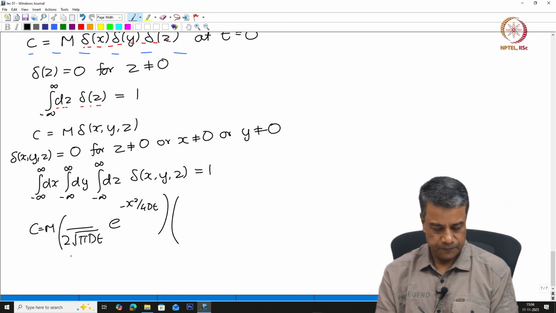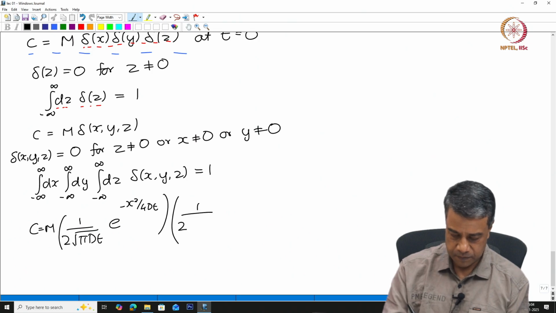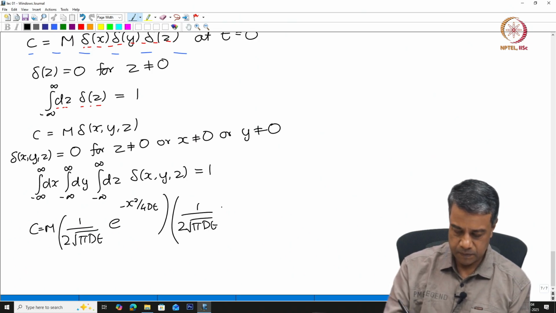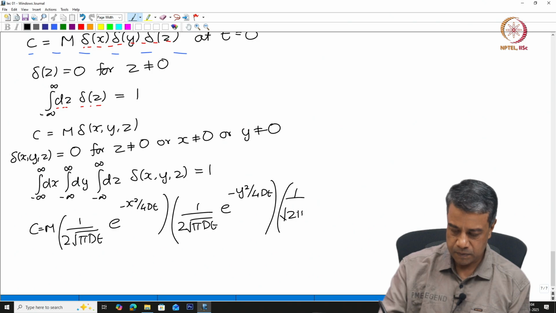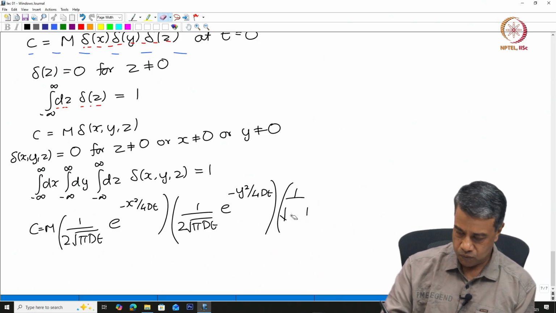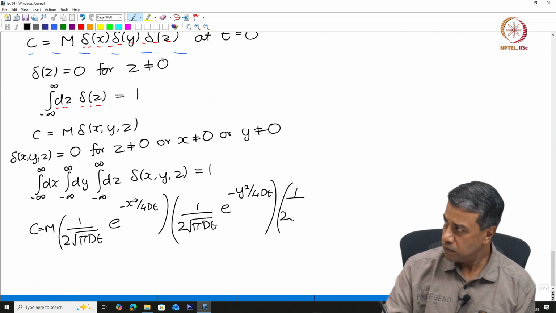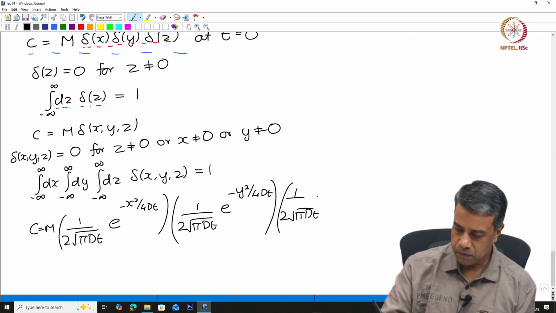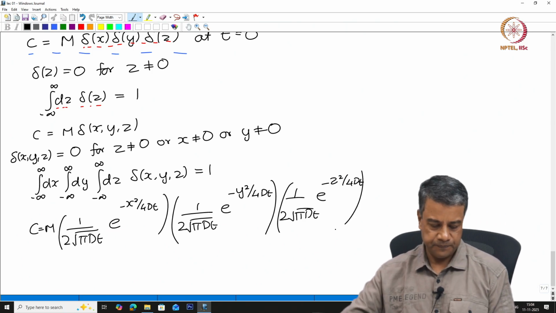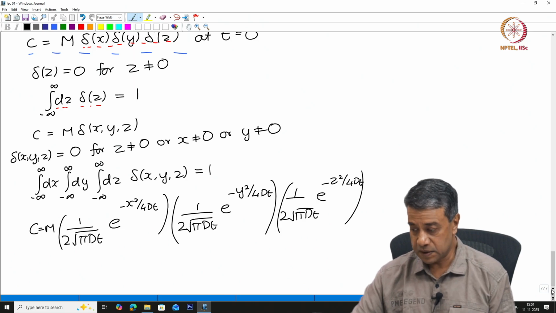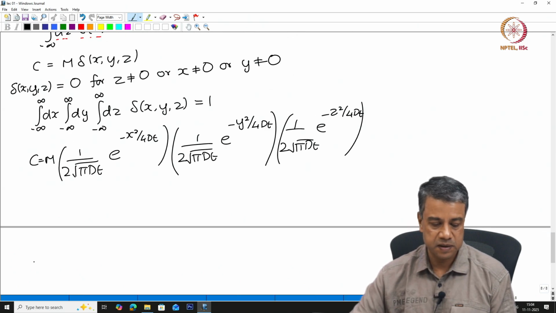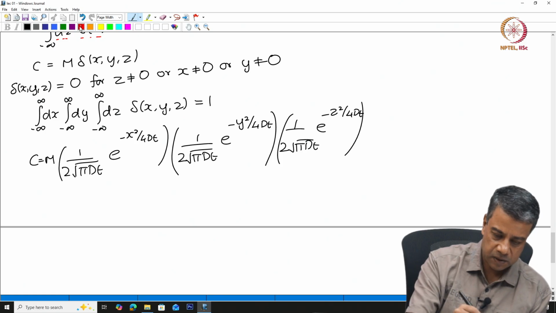M into... this is the solution in 3 dimensions, the product of the solutions in 1 dimension multiplied by this total mass injected per unit volume.